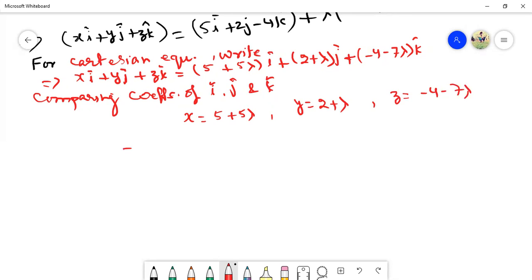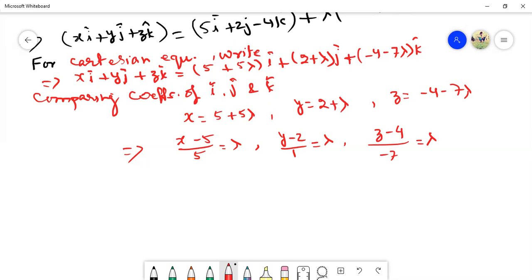Find the value of lambda in each case. So x minus 5 upon 5 is equal to lambda, y minus 2 upon 1 is equal to lambda. When there is no value, you should write 1 here, because we have to show the DRs. Numerators should be written as x, y and z; the denominator can be negative, DRs can be negative.